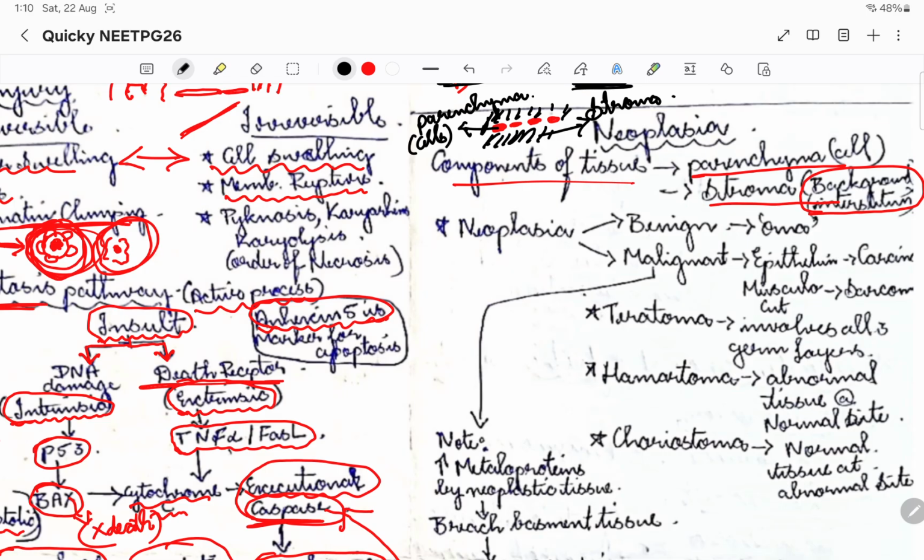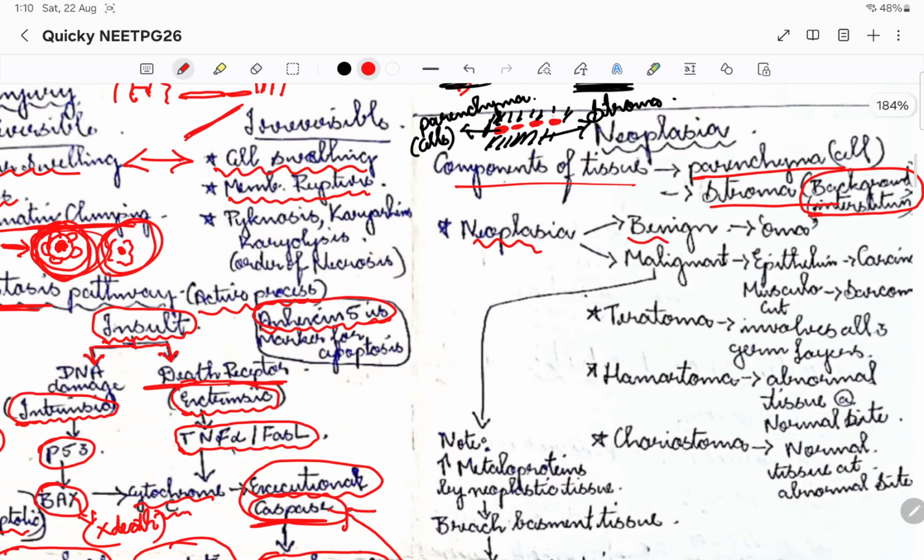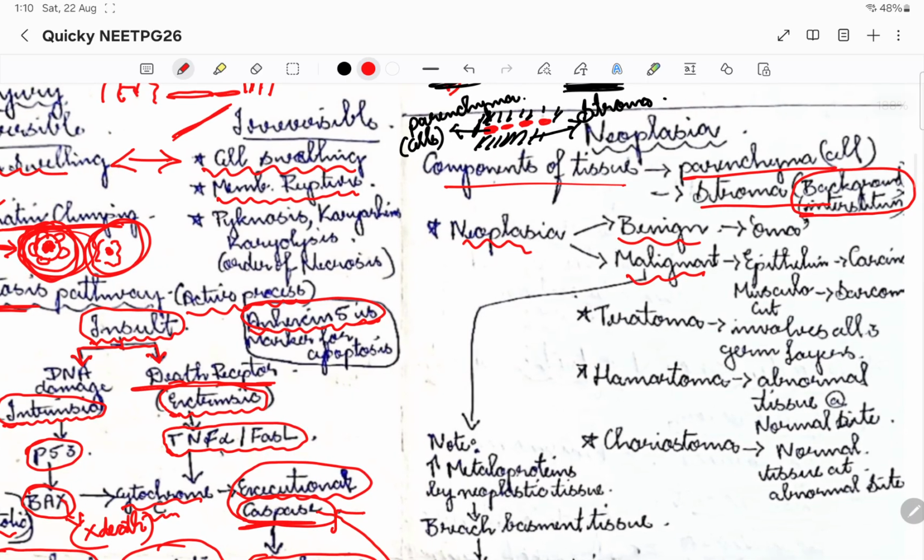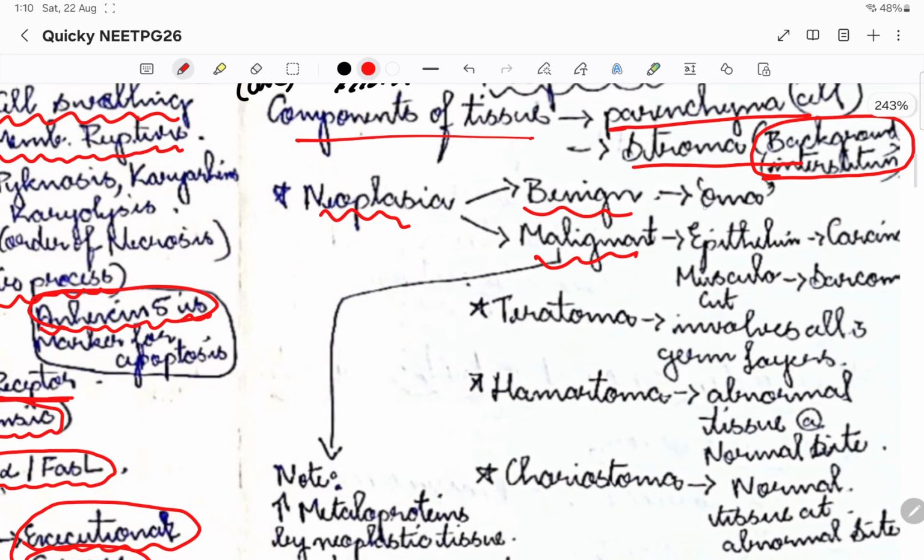Then the other nomenclatures with respect to neoplasia are benign and malignant neoplasia. If it is benign, then the word would end in oma. If it is malignant and it is an epithelium that I'm talking about, then it is going to be carcinoma. If it is a musculocutaneous tissue, then it is going to be sarcoma.